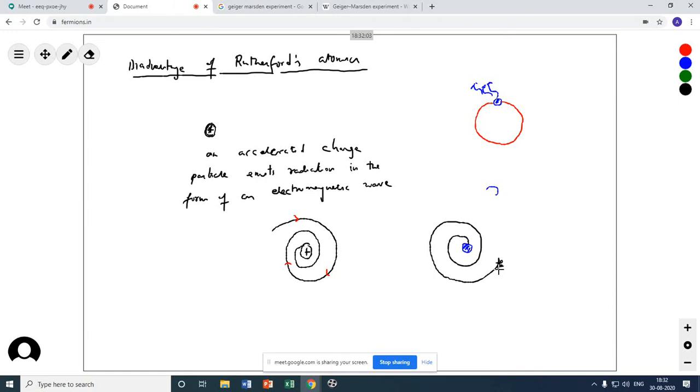This means we should have a continuous spectrum, which is incorrect.